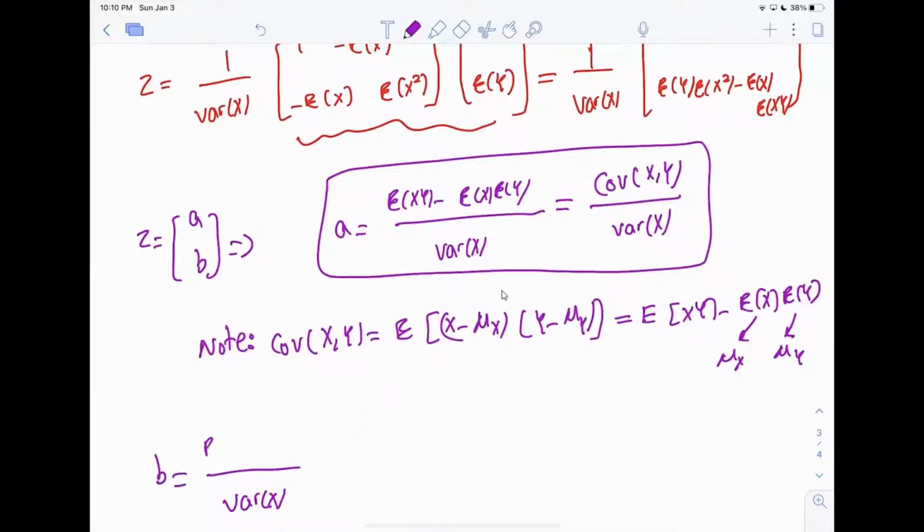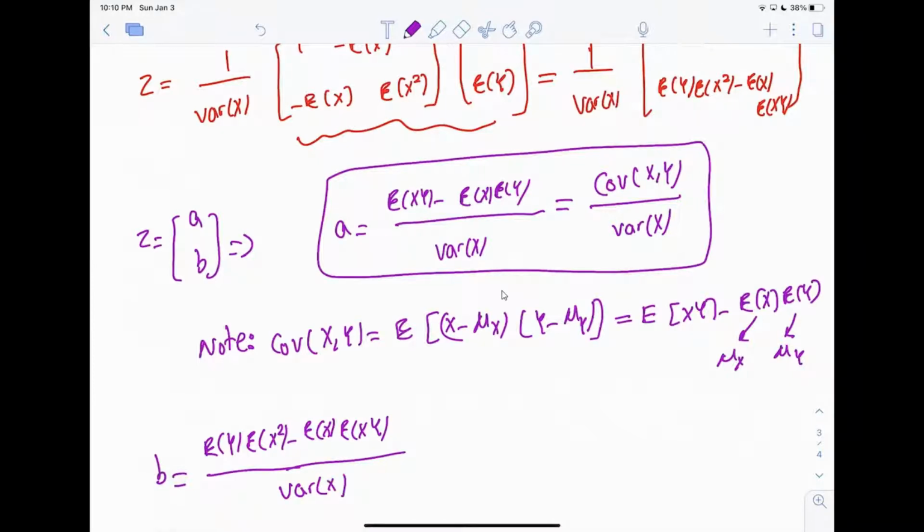The numerator is E[y] E[x squared] minus E[x] E[xy]. Okay, so that's not that bad. It's not a really bad expression, actually, what we have here.